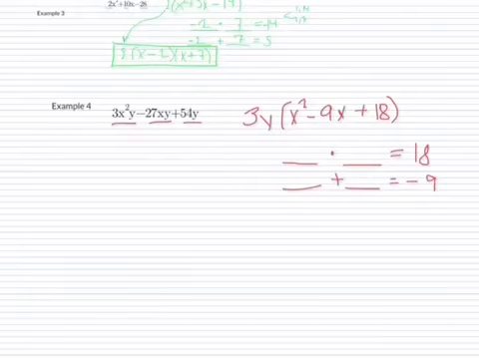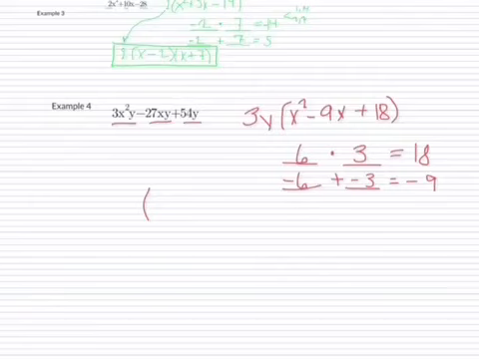So they have to be the same sign because our product is positive. So what two numbers multiply to 18 and add to get to 9? It is 6 and 3. Now we need a negative 9 though, so that means both the numbers must be negative. So negative 6 plus negative 3.